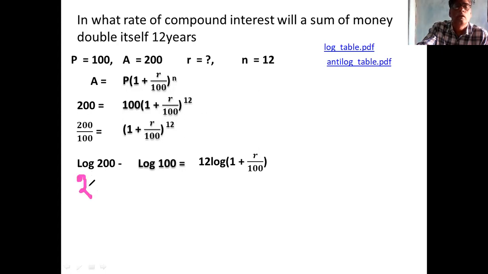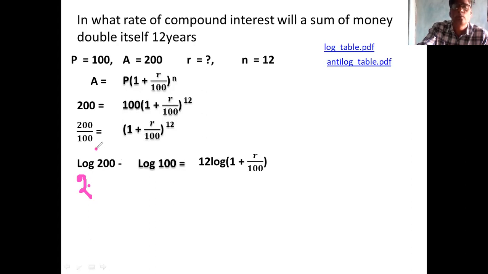Okay, 2 is the characteristic, because there are 3 digits. It is a 3-digit number, therefore you take characteristic 2. Then how to see this in the logarithm table? You have to make it a 4-digit number.